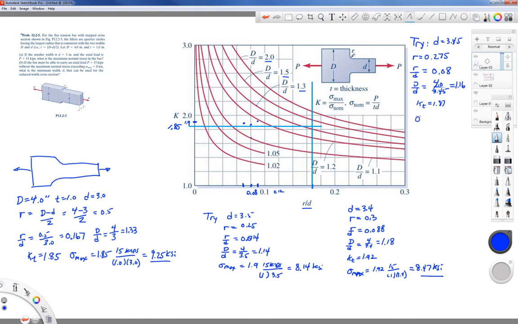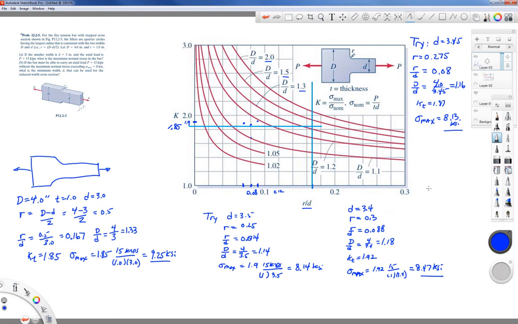So again, we're going to do our stress calculation. I won't write it down again, but I'll say it. 1.87 times 15 kips divided by 1 times 3.45 to get square inches on the bottom gives us 8.13. Okay, so we're getting pretty close.